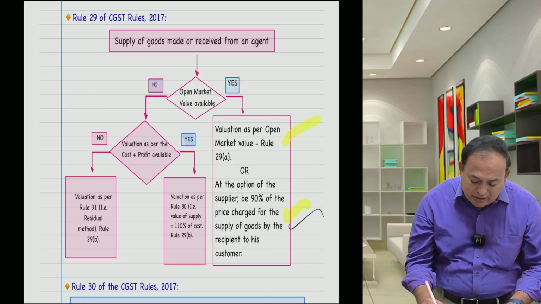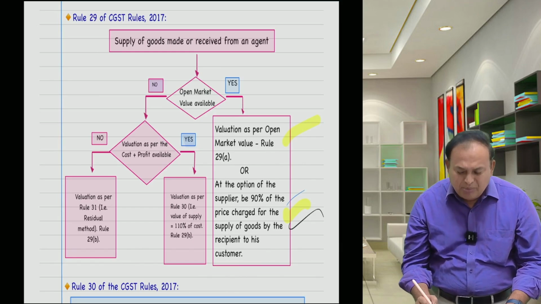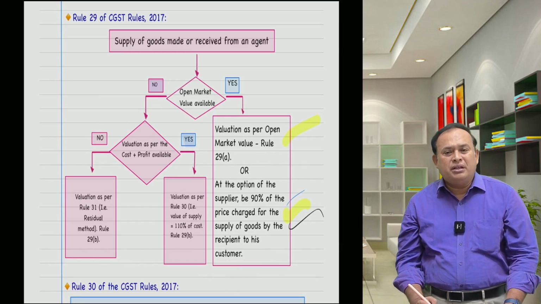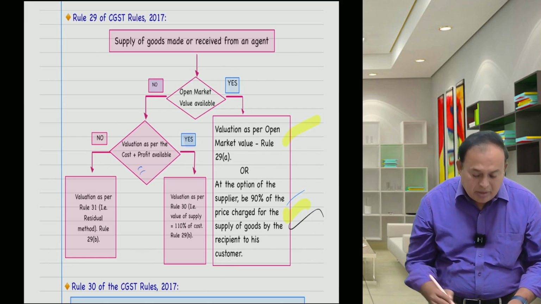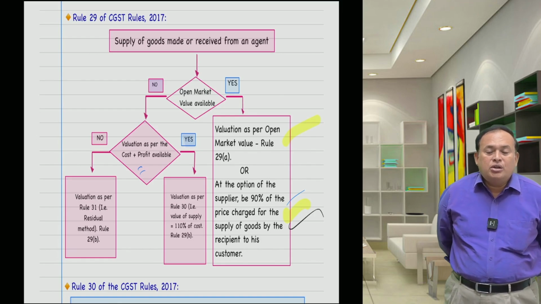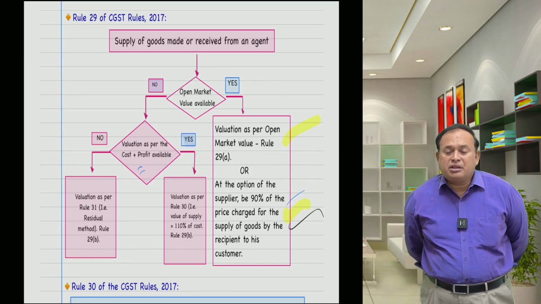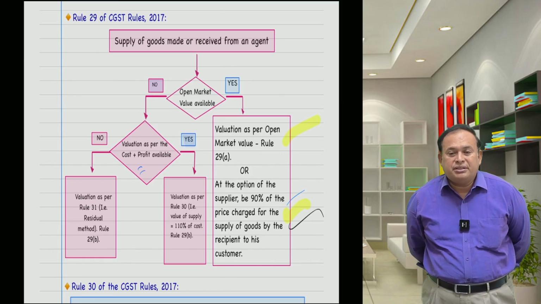Or otherwise, if the open market value is not available, and this 90% is also not a workable option for me, in that case, come here. Rule number 29 B says to refer to rule number 30 valuation, where cost plus profit of 10%, irrespective of the actual profit margin.